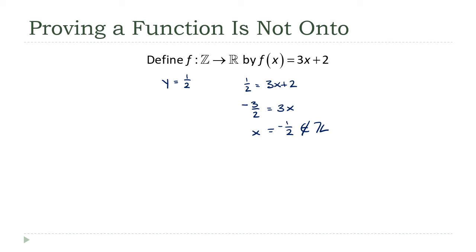You notice how I did use the negation there. I needed to show that there exists an element in the codomain that does not have a value in the domain that maps to it. So that's one quick way to show that a function is not onto: you find a counterexample.